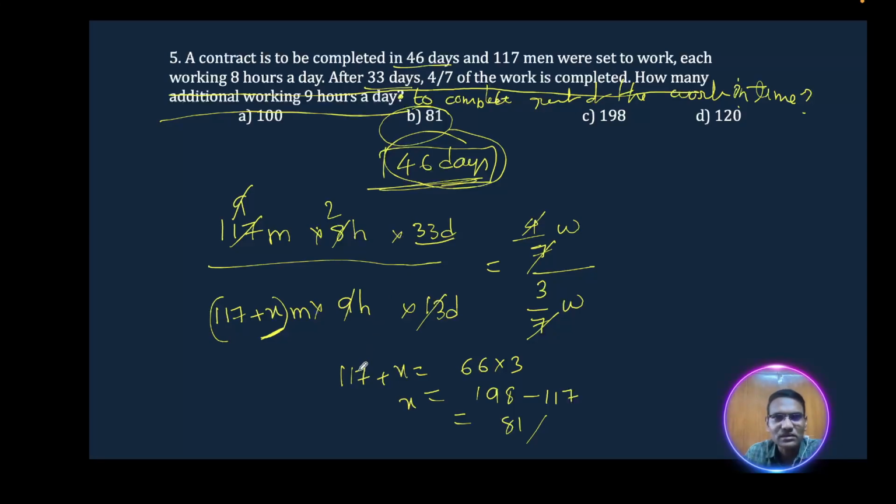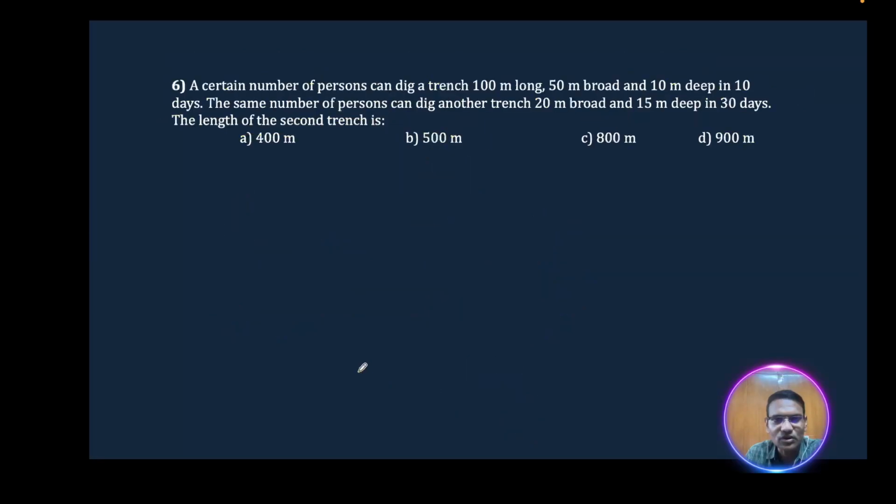The another question in the same similar model: a certain number of persons can dig 100 meters long, 50 meters broad, 10 meters deep in 10 days. The same number of persons can dig another trench 20 meters broad, 15 meters deep, in 30 days. The length of the second trench is what? Here I am going to write that information into two particular rows.